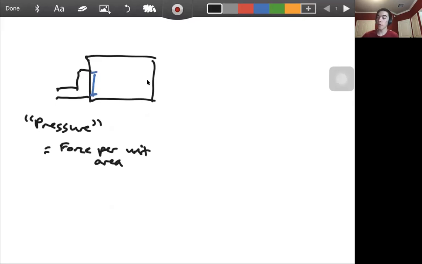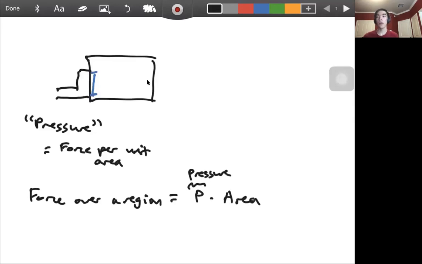So you can think of it this way: the force over a region is equal to the pressure, P, times the area. And this is true under constant pressure.